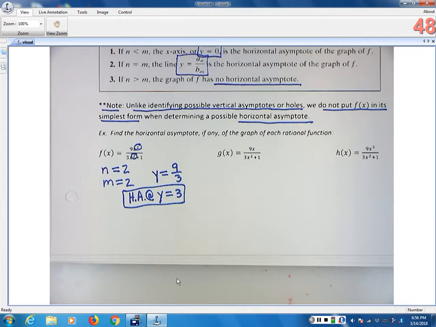So you need to be able to identify degrees. Does everybody understand degrees? And then compare them. And are we saying that this function equals 9/3? No. That function does not simplify to 9/3. We're saying that's the equation of the horizontal asymptote. And the slideshow that goes with this actually shows this graph and shows you the horizontal asymptote.